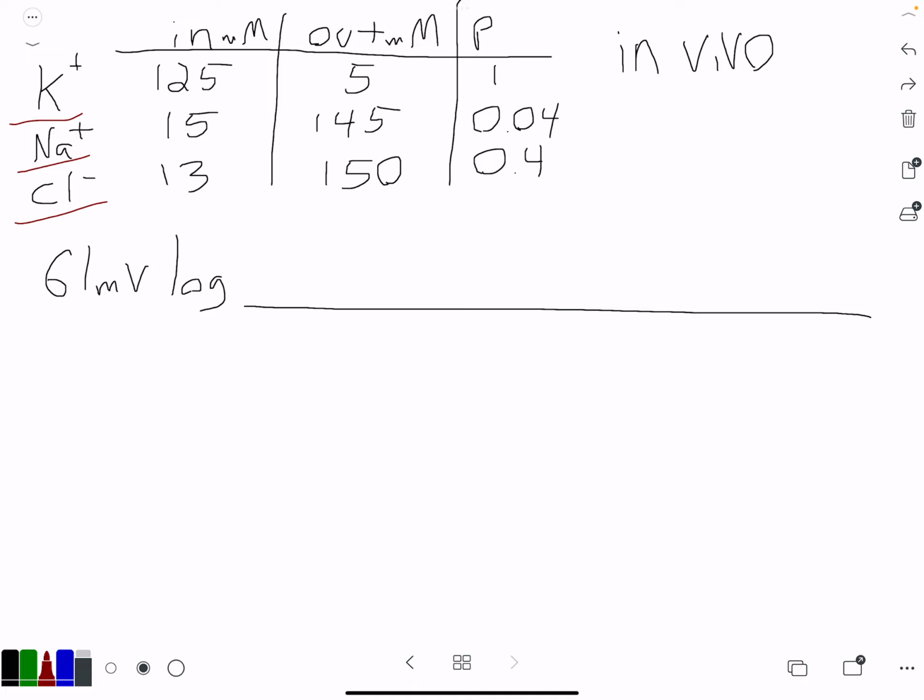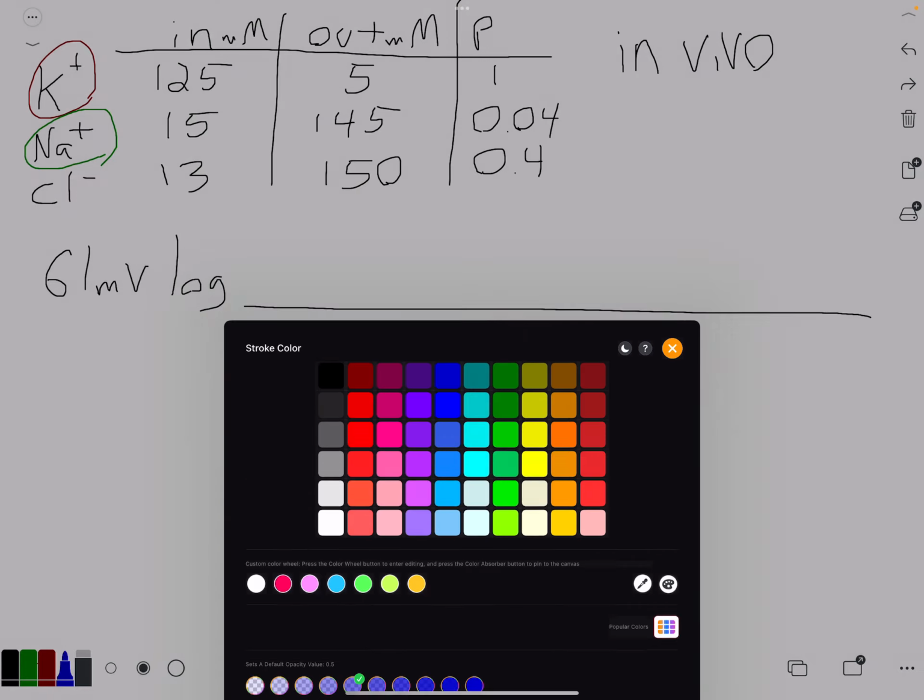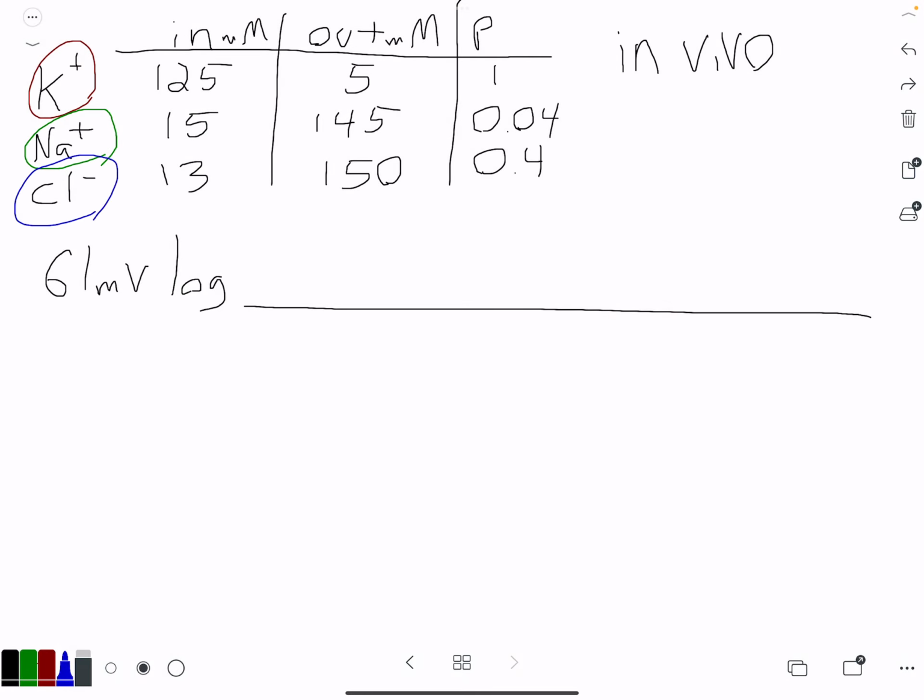So potassium first, and to make things easier on the eyes, we'll make potassium red, sodium green, and chloride blue.